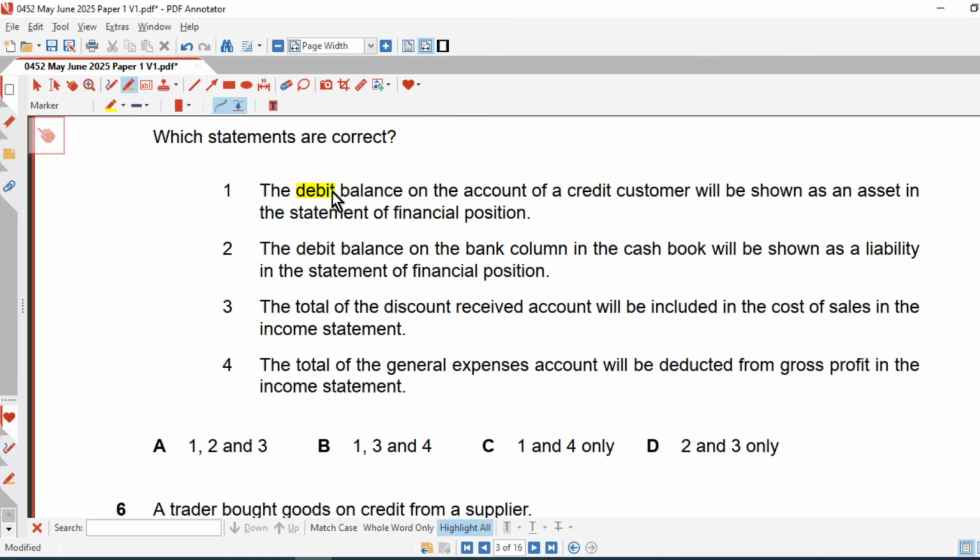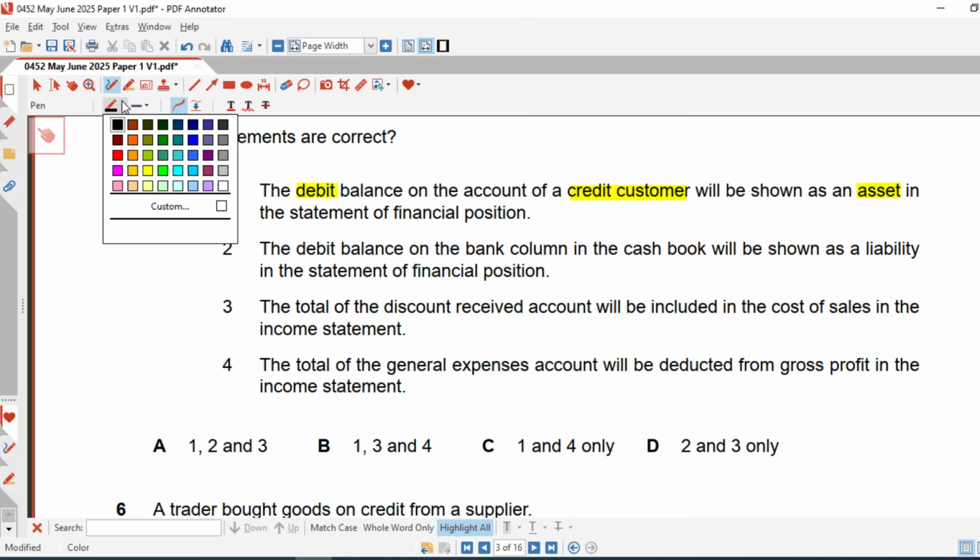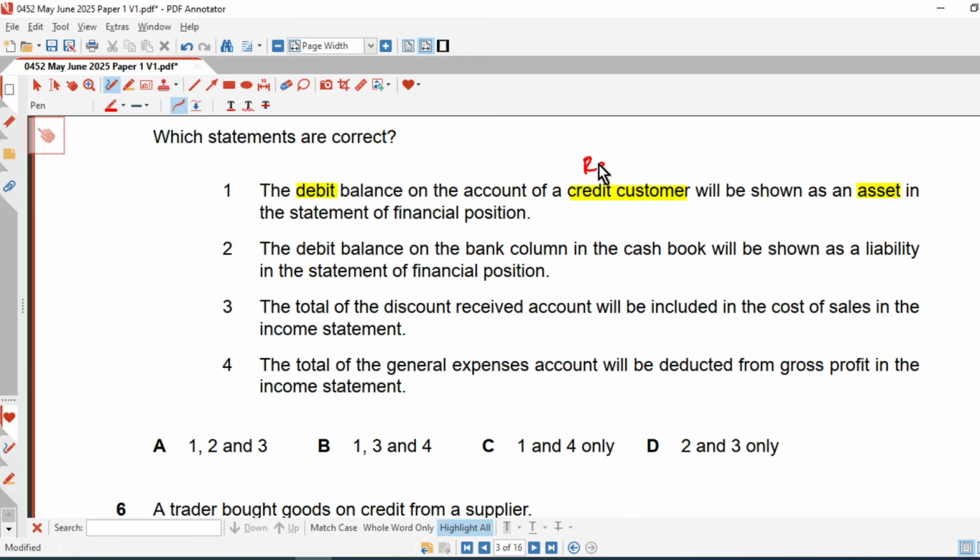The debit balance on the account of a credit customer will be shown as an asset in the statement of financial position. Is that correct? A debit balance on the account of a credit customer, which is our receivable, will be shown as an asset. Yeah, I think it's a good statement, right?